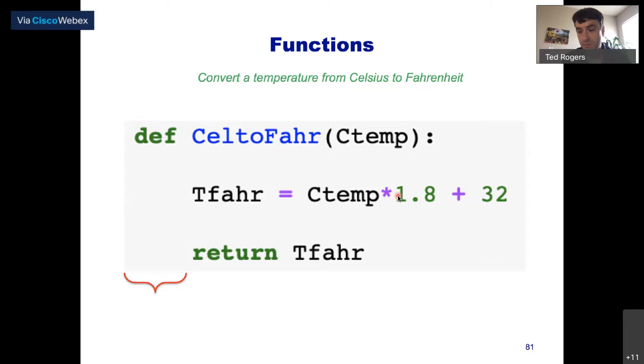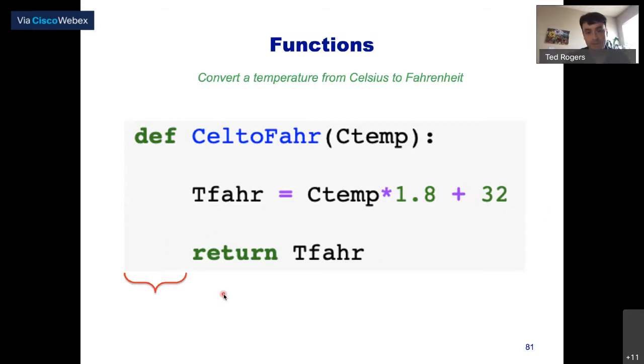This function that I'm defining here is a function to convert temperature in Celsius to Fahrenheit. So you're going to give the function a temperature in Celsius. Ctemp is my identifier for a Celsius temperature, and it returns a temperature in Fahrenheit. And here is the algebraic conversion relation.